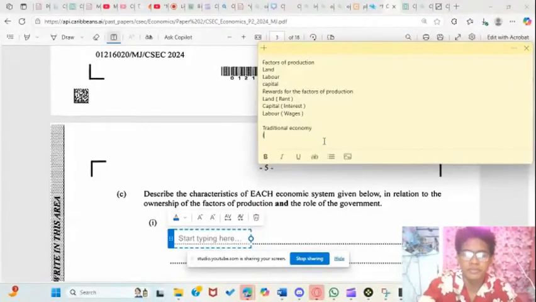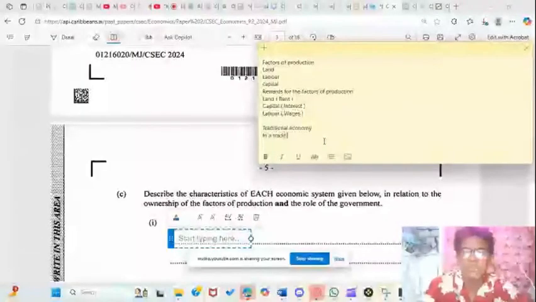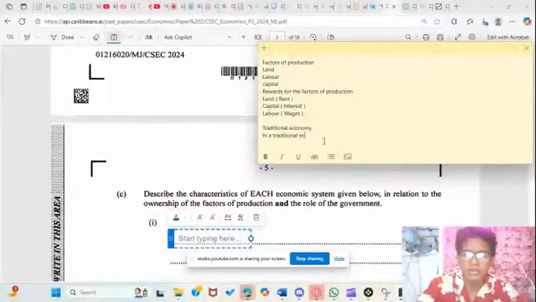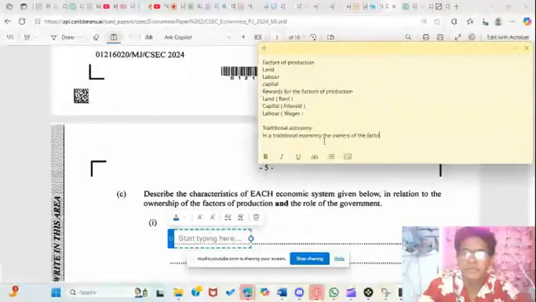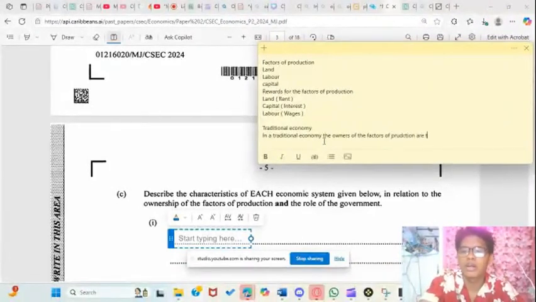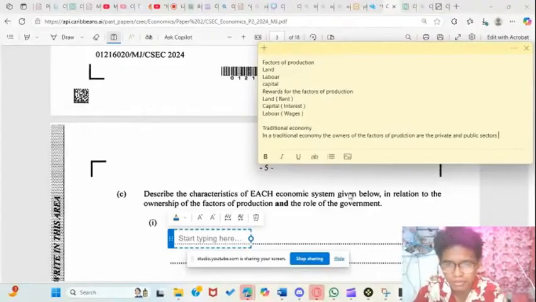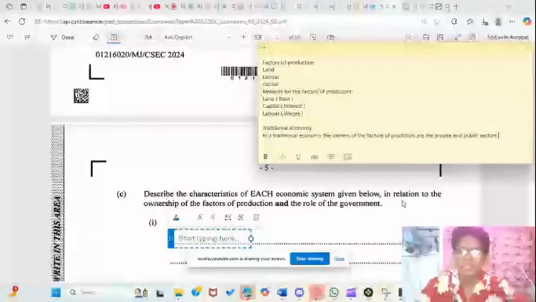In a traditional economy, the owners of the factors of production are the private, and we did discuss this in our last video on public sectors, but it was described basically sectors in relation to ownership of factors of production or role of government.